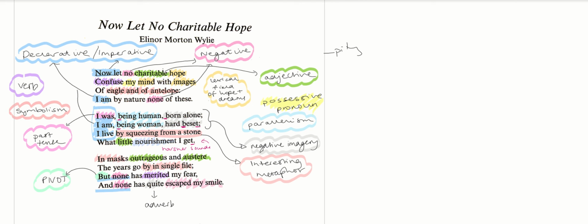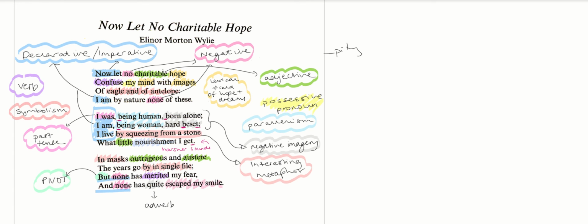That verb there, confuse, suggests that the hope that the speaker might be given can confuse her. So if we're thinking about false hope, it might confuse my mind with images. And we have the words hope, mind, and images here, which begins the poem with the lexical field of hope and dreams and imagination.